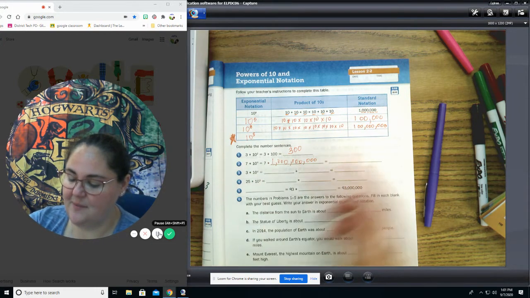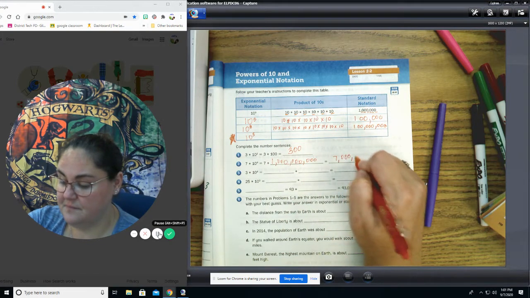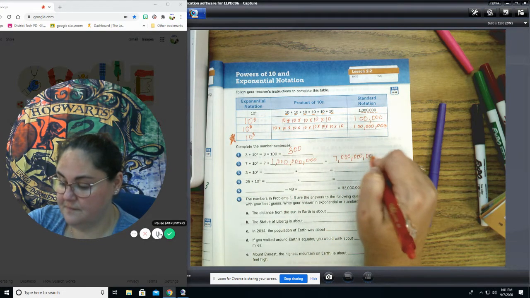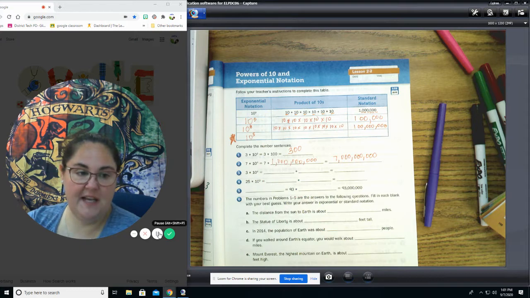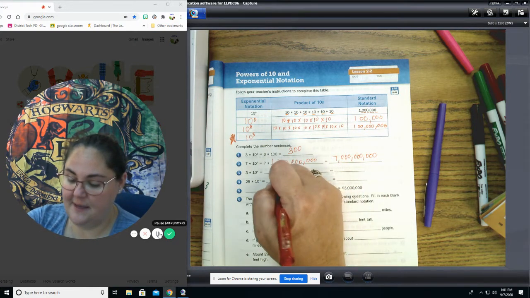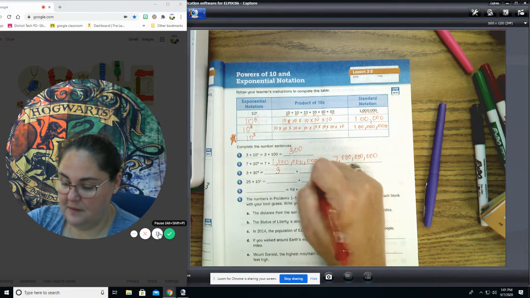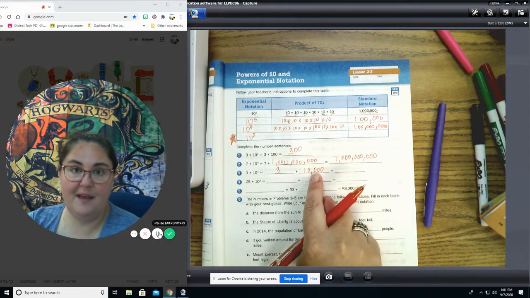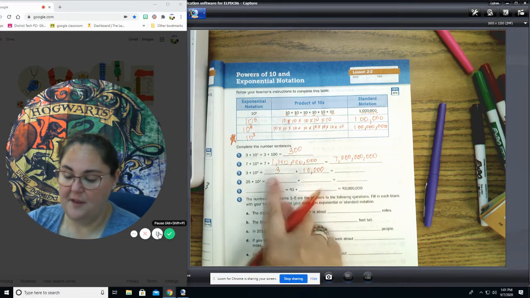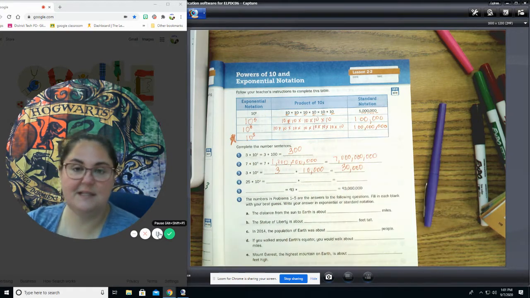So I do 7 times 1 is 7, and then I just add my zeros. There you go. All right, 3 times 10 to the fourth is the same as 3 times 10,000, because 10 to the fourth is the same thing as 10,000. 3 times 10,000 is 30,000.